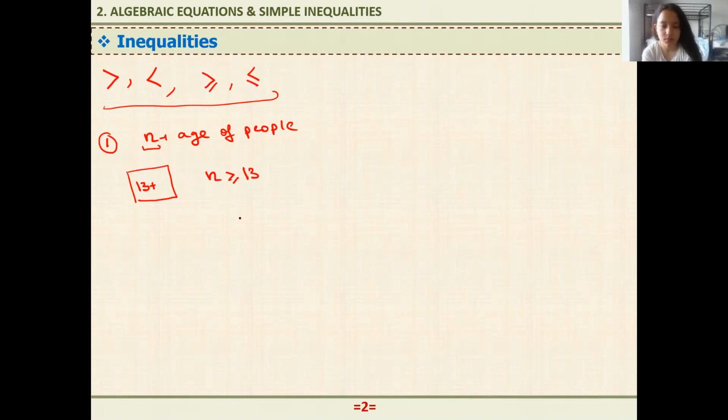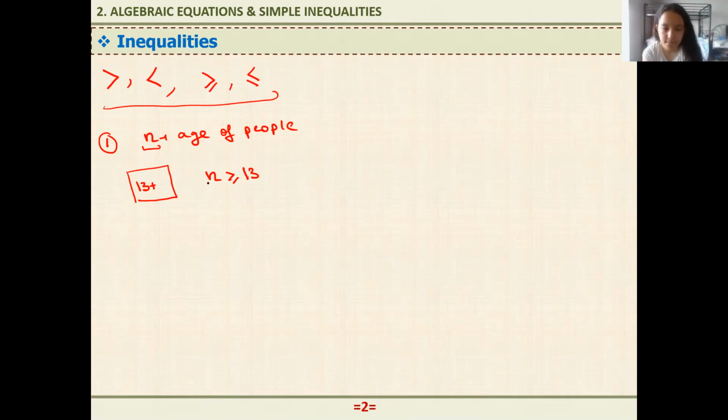That means that if you are 13 years old, you are allowed to watch this movie. If you are 14, 15, 19, 20, 50, how many solutions do we have? We have a lot. Any number which is greater than or equal to 13 satisfies this condition. I cannot say equal here. If you say equal, we are talking about only a single number.